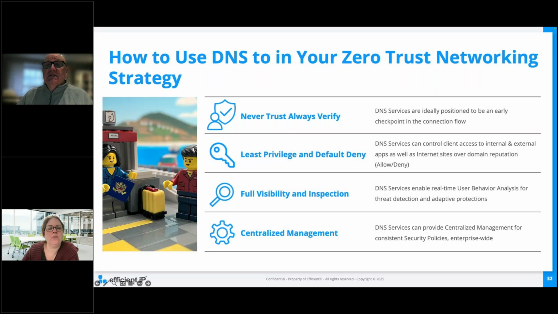The full visibility and inspection is key, because you can't really secure what you can't see or don't know about. So being able to look at what people are doing with DNS on a day-by-day basis, and actually look at individuals and the behavior of those individuals, gives you a little bit more ability to control what's going on. And it's a truism that mostly people just ignore DNS day by day.